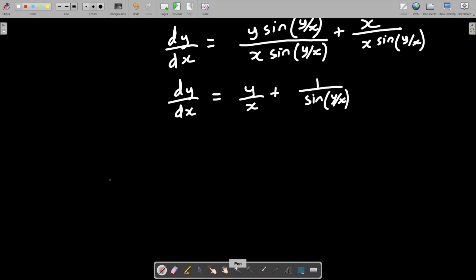So do the substitution now. This becomes z plus x times dz by dx, and the right side becomes z plus 1 upon sine z.